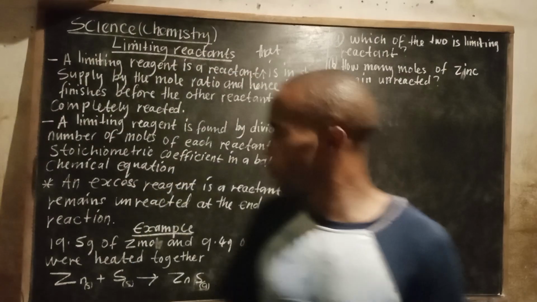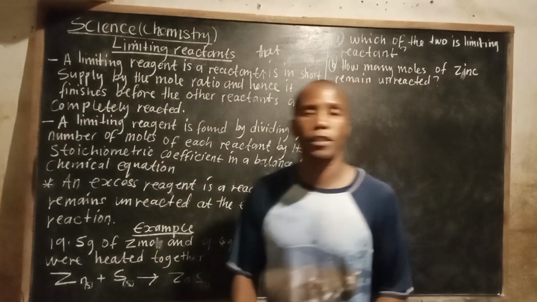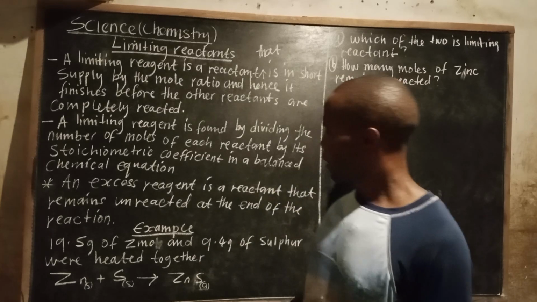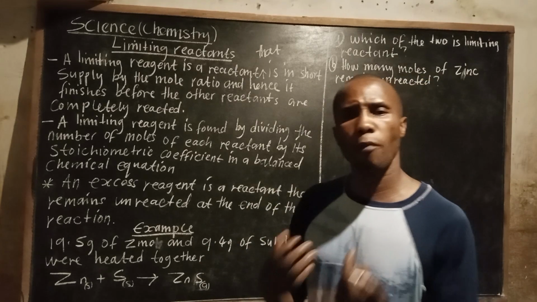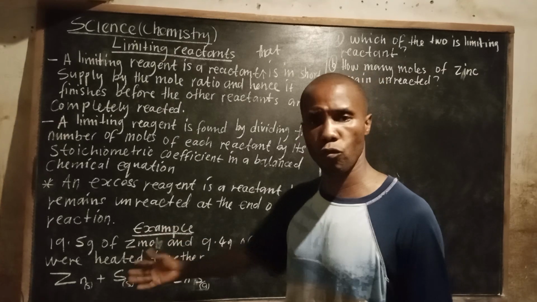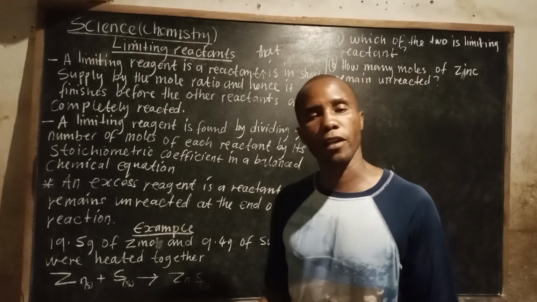Now, how can you tell that this or this one is the limiting reactant? You can only determine that by actually finding the moles of each element, those two reactants that we have. So you have to find the number of moles of each.